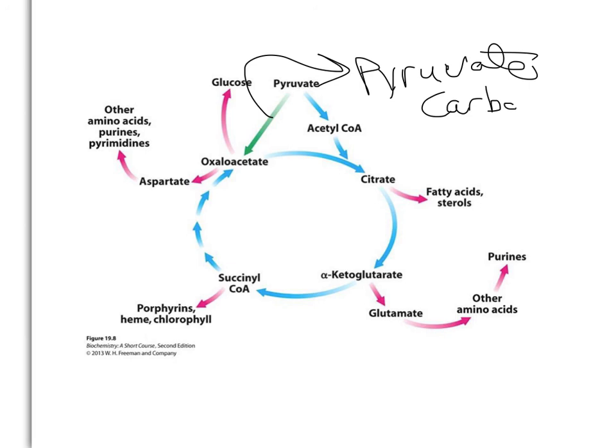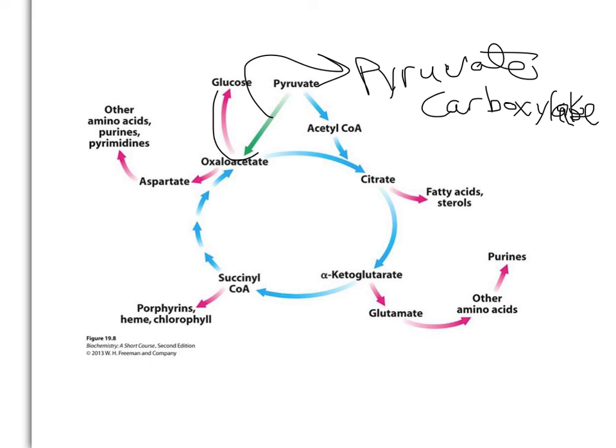Pyruvate carboxylase can add a CO2 to pyruvate at the expense of ATP. And that's if you've got lots of energy, then you can use ATP to make the molecules that you need.